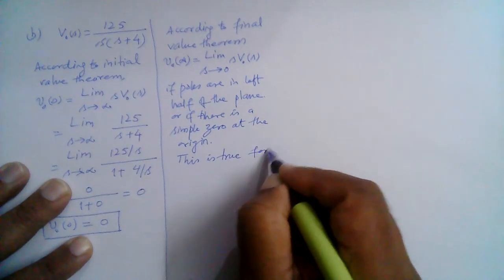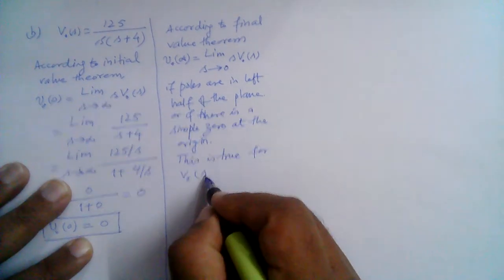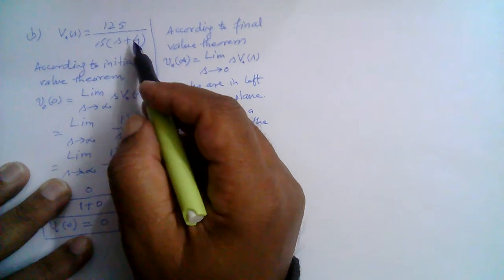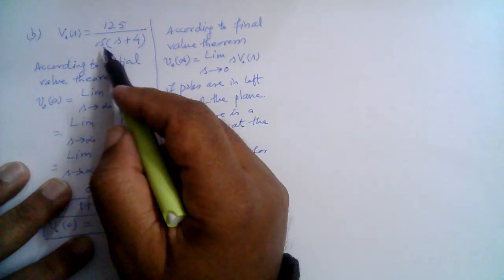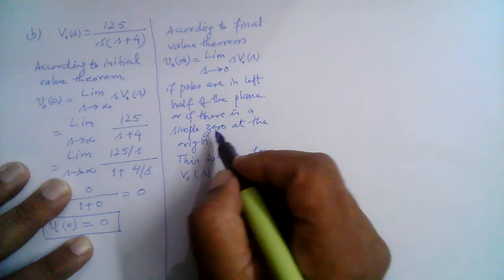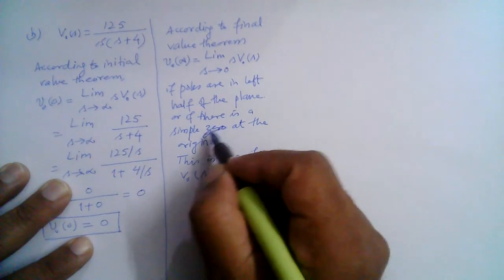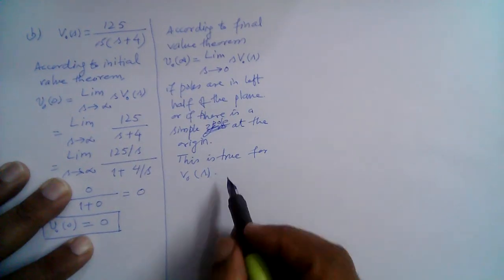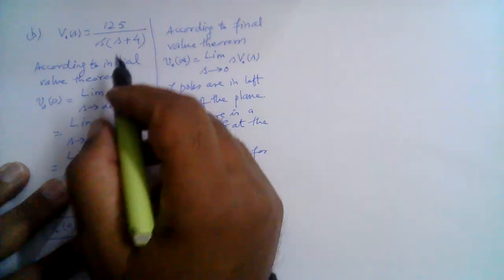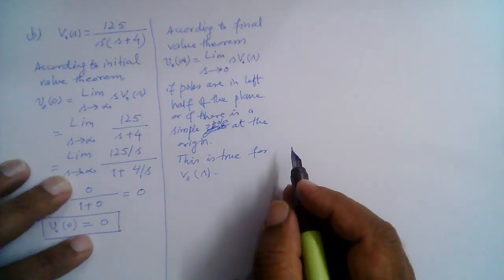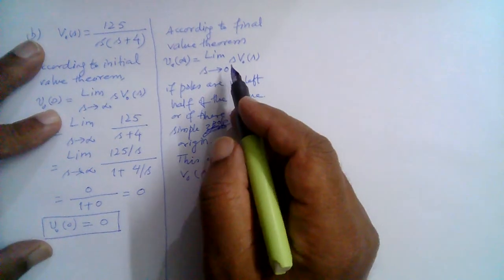For V naught S, all the poles: we have one pole, S is equal to -4, which is in the left half of the plane, and we have a simple pole at the origin. So this condition is satisfied for this Laplace transform of V naught t, and we can apply the final value theorem.